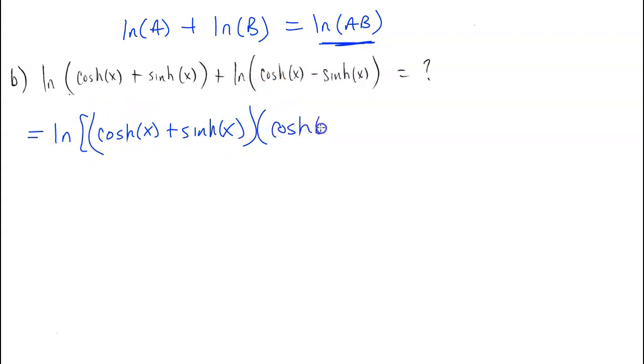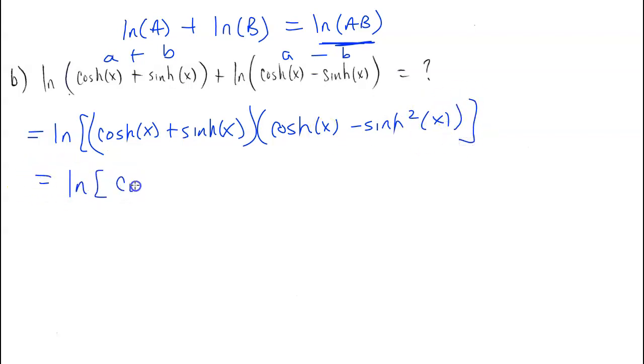And the fortunate thing for us here is that since this is like a plus b times a minus b, we know that when we multiply this, this is just going to be a squared minus b squared. So we'll write the equivalent of that here. So this will just be cosh squared minus sinh squared.